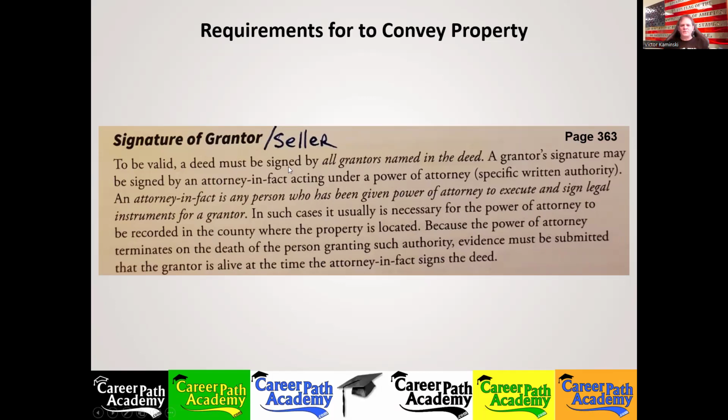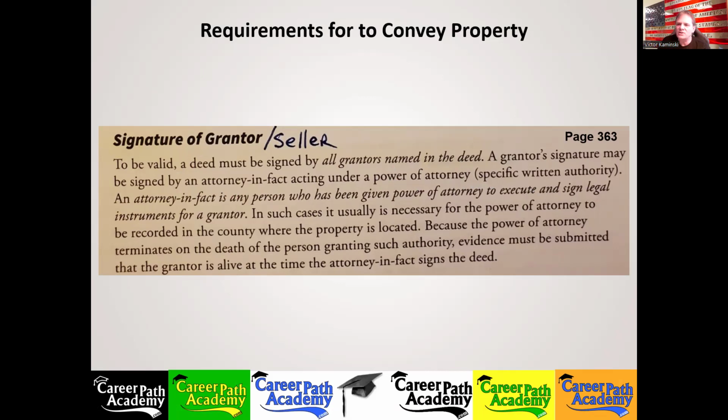So to be valid, a deed must be signed by all the grantors named on the deed. The grantor's signature may be signed by an attorney in fact, acting under a power of attorney. See, this is very interesting. What if the person's not going to be around and they're going to give somebody else the power of attorney to sign the document on their behalf? Now the buyer records this in the public records, and at some future date, somebody's doing a title search and they see that the seller is not the one who signed the deed.